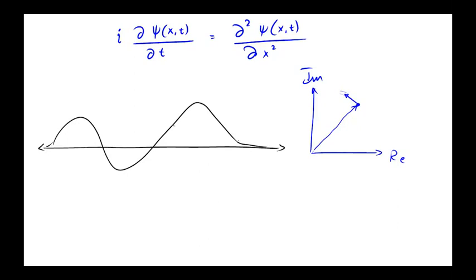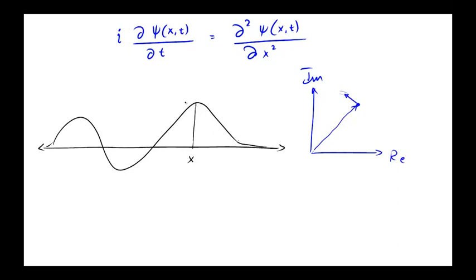Well, basically every point x looks at its small neighborhood to the right and to the left, and it compares itself to the average of its neighbors on the left and the right.